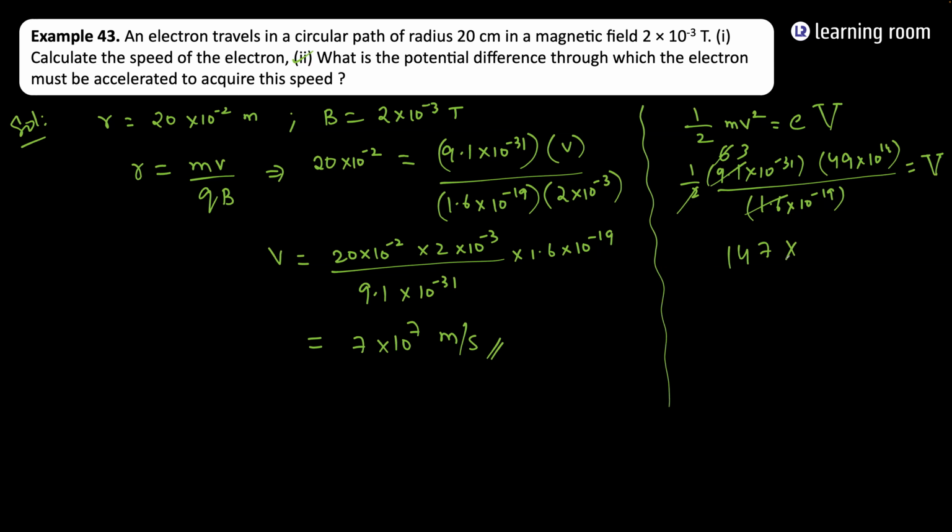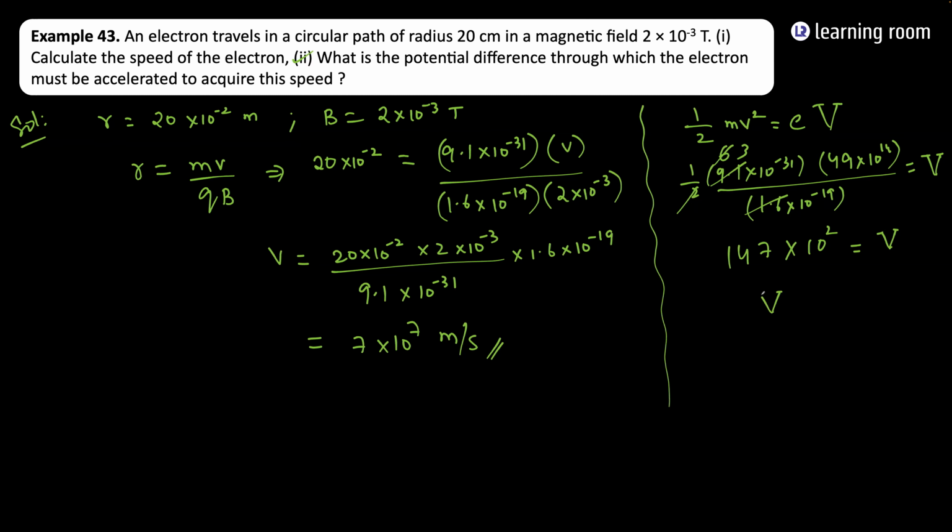So 10 power minus 19 will go to the numerator. It will become 10 power 2 is equal to V.